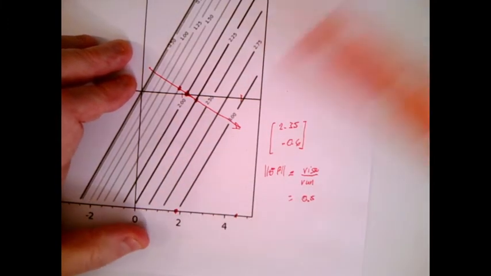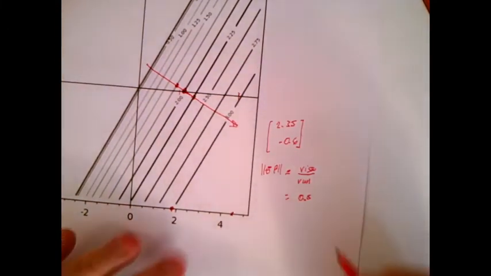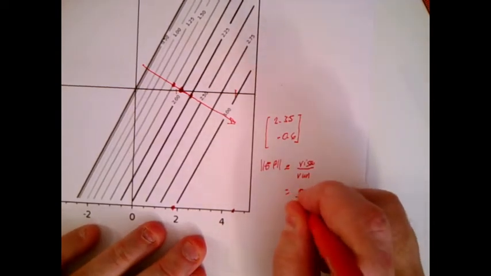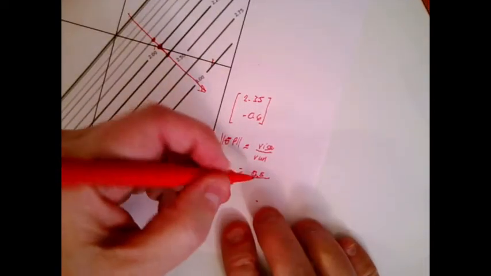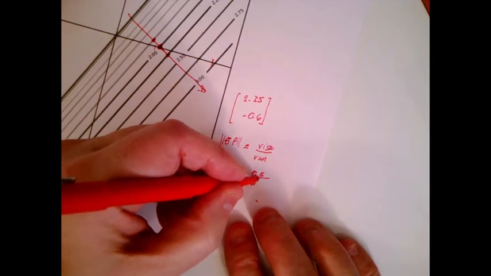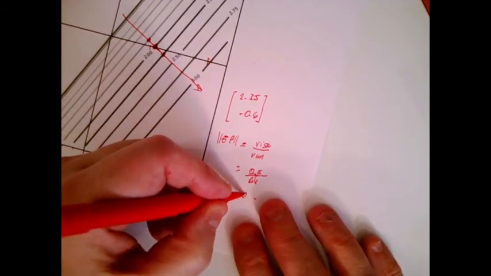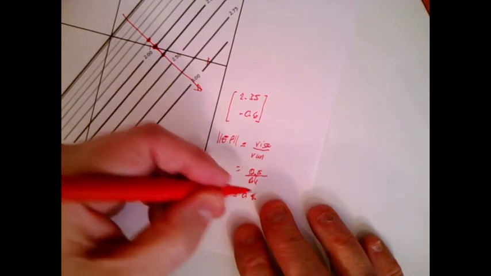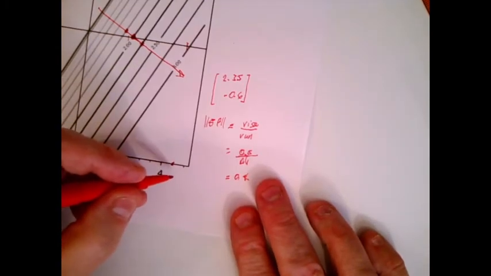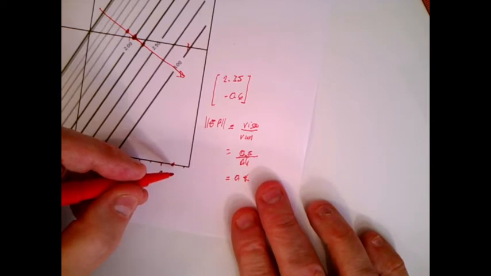I'm sorry, the run should be about 0.6. So 0.5 divided by 0.6 is about 0.8. I'm just estimating here. So I want a vector that's length 0.8, so that's pretty darn short.